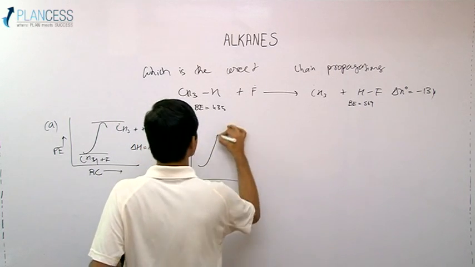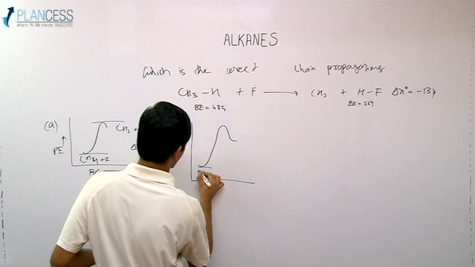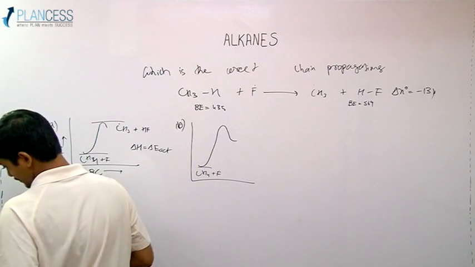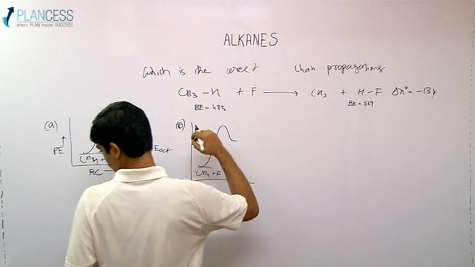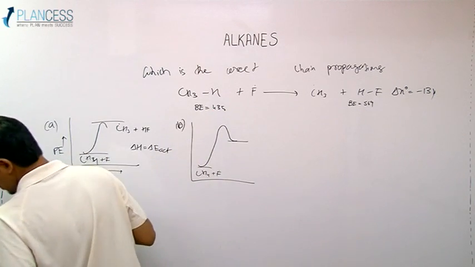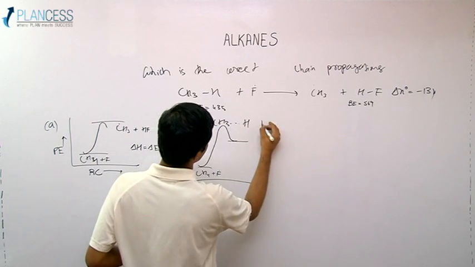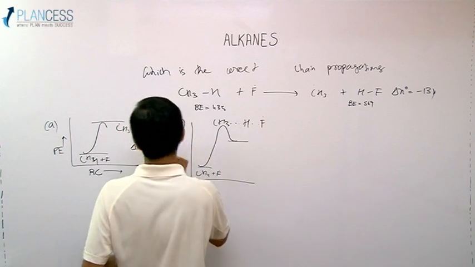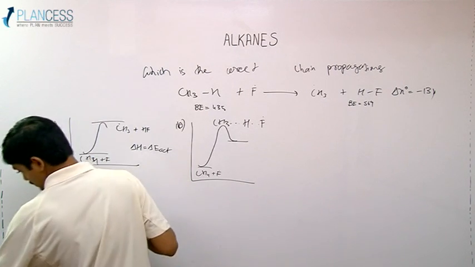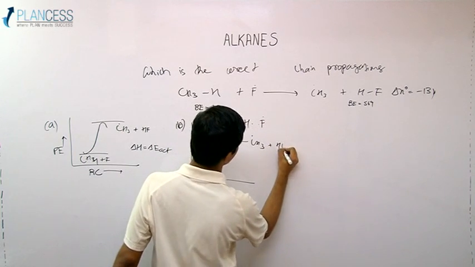the diagram is something like this, and we have CH4 plus F free radical, and on top the transition state which is involved here is CH3H F radical, where bond formation is happening, and then we finally get CH3 radical plus HF.